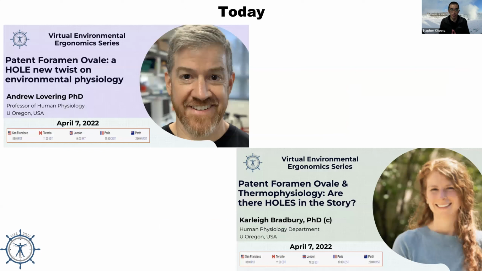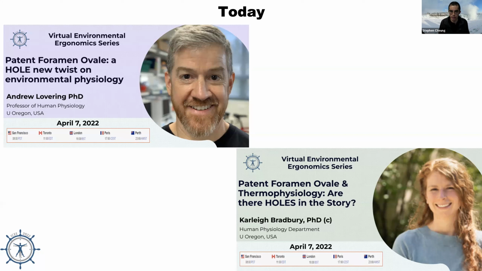So with that, I will get to today's talk. It's going to be from Dr. Andrew Lovering from University of Oregon, and also Karleigh Bradbury from Andrew's lab. Andrew will give us an overview of patent foramen ovale and the whole concept of how it affects environmental physiology.